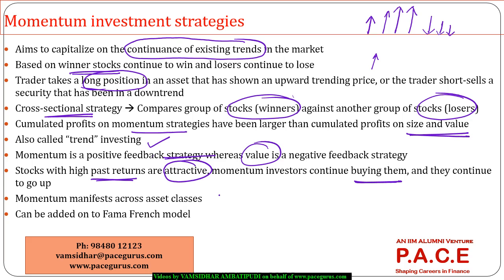And this momentum is not just limited to equities, it is manifesting across all the asset classes, and an enhancement can very well be done to the Fama-French model to include this fourth component also, which is the momentum as one more factor apart from the market, the size and the value associated with the firms. So that's one more strategy that we need to look at based on the common factors.